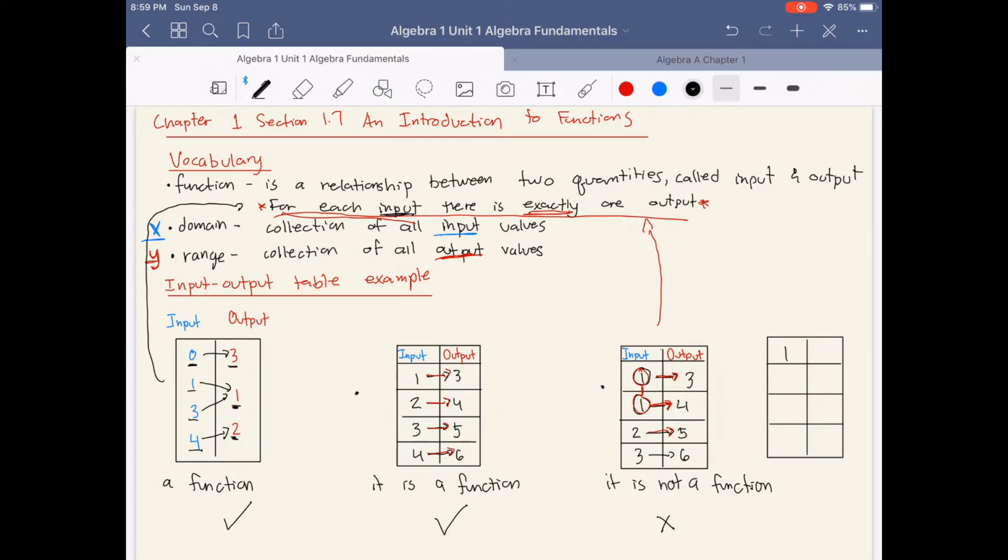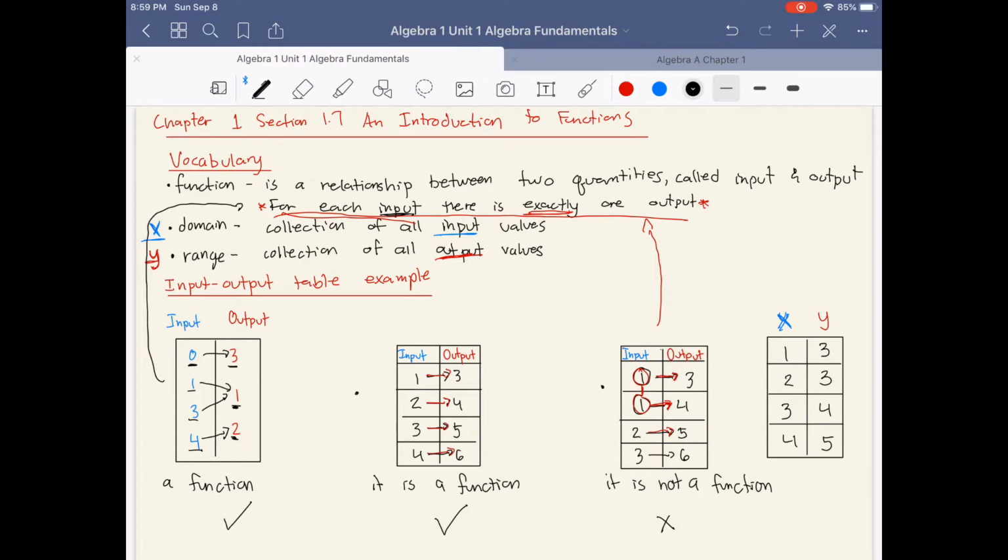If I had 1, 2, 3, 4, and if I had on the right side, on the outputs, 3, 3, 4, 5. Okay, so, and like I said, the left side is your input, which is your x, right? And the right side is your y.